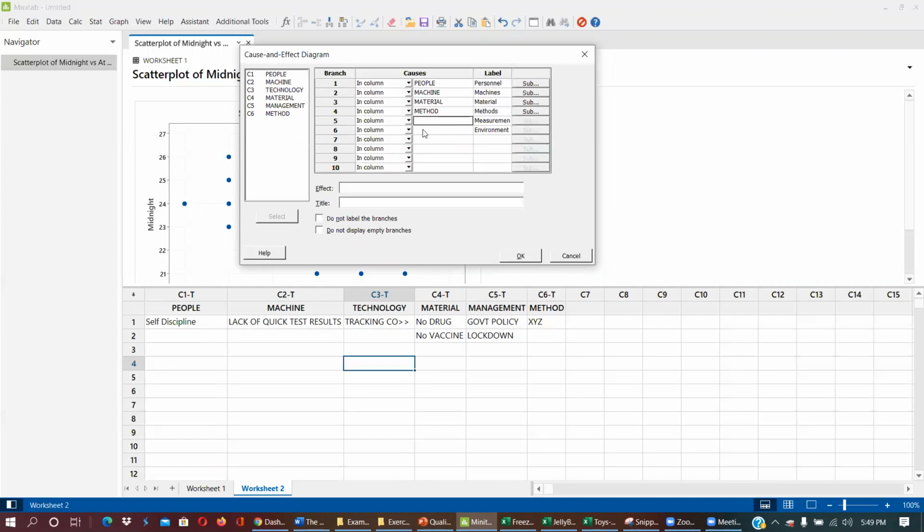Okay, let it be. Environment. Basically, let me put technology, material, machine. Okay, I have done. What is the effect? COVID outburst. For the title, I can give any title: Cause and effect of COVID-19. Okay.